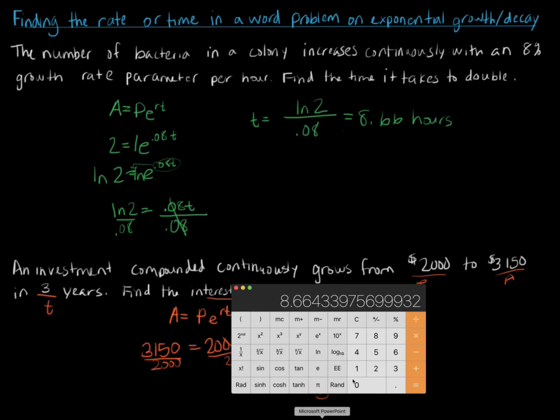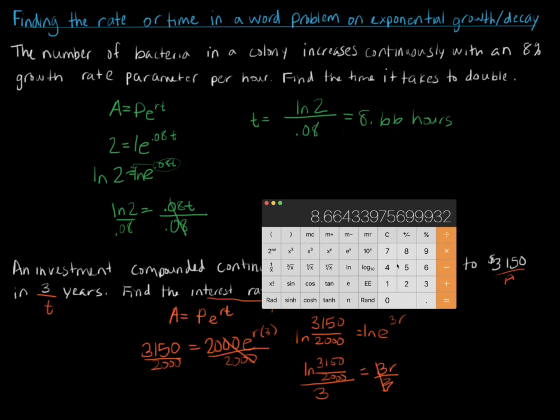So we can take out our calculator and do 3,150 divided by 2,000, the natural log of that divided by 3 gives us an interest rate of 0.15, which is 15%, depending on what they want you to round it to, but let's say it's an interest rate of 15%.